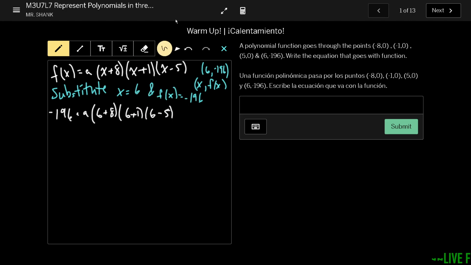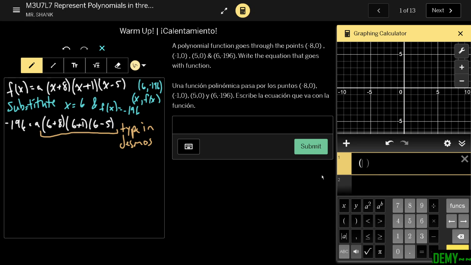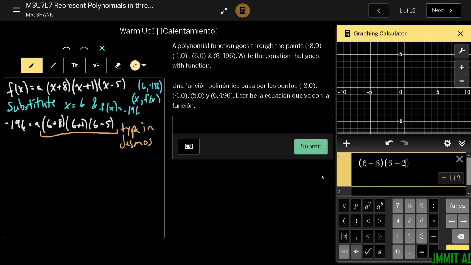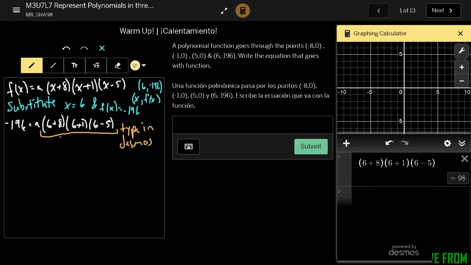So let me underline it. Not including the a, but that entire right side, meaning those 3 sets of parentheses, I'm going to type in Desmos. I'm going to type it in exactly as it looks: parentheses 6 plus 8 times parentheses 6 plus 1 times parentheses 6 minus 5. So notice how I make it look exactly like it looks in my problem.